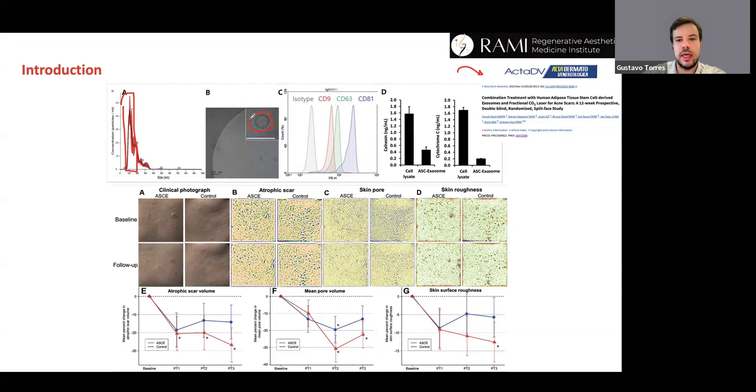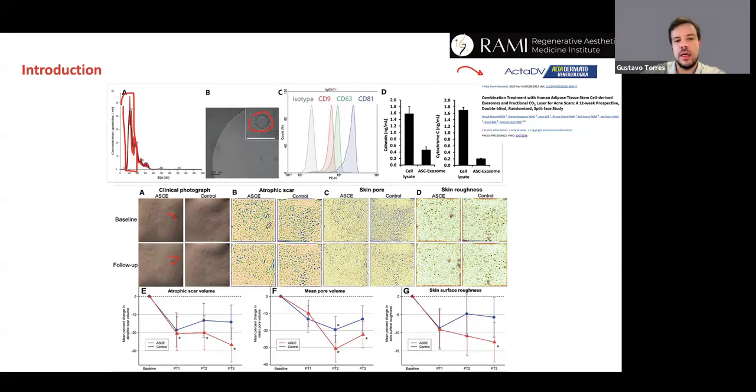Very important to understand. When they are applied to skin, they have been very successfully applied, even topically, in improving wound healing. And by improving wound healing, it really improves how cells proliferate in the skin. So you can see here both improvement in the wounds per se, and also in the texture of the skin.